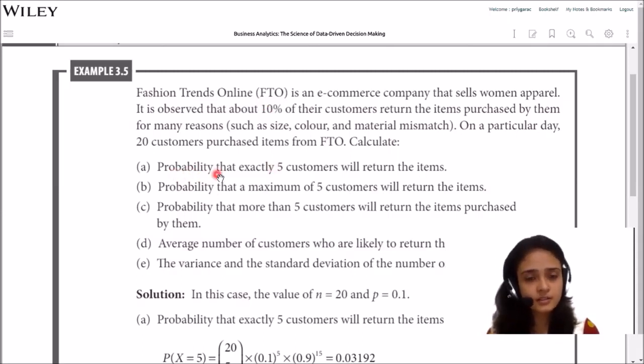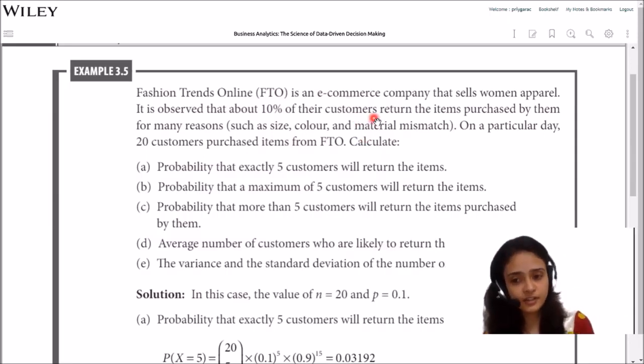The first one is the probability that exactly 5 customers will return the items. Now over here you have to identify from the question that this question is from the binomial distribution. The outcome is that the customer will return the product or the customer will not return the product.